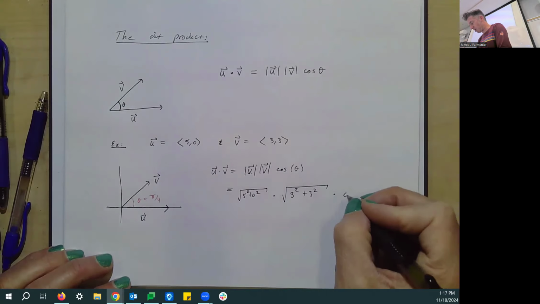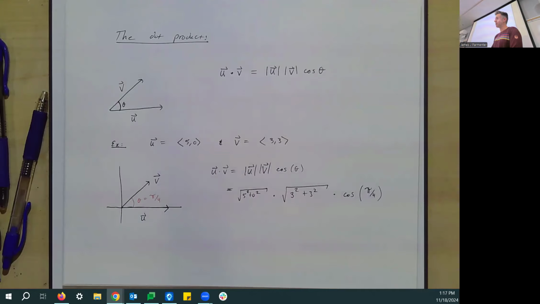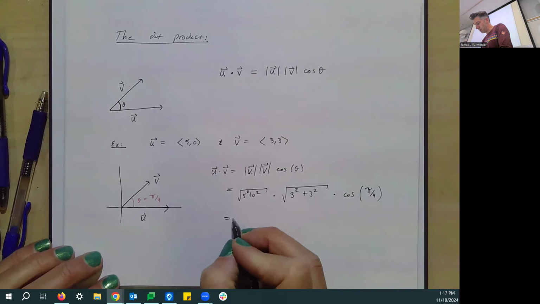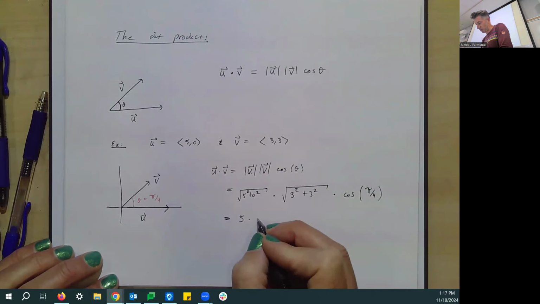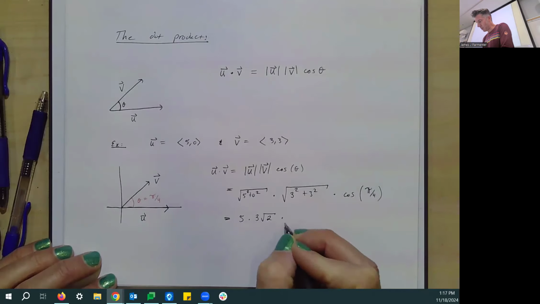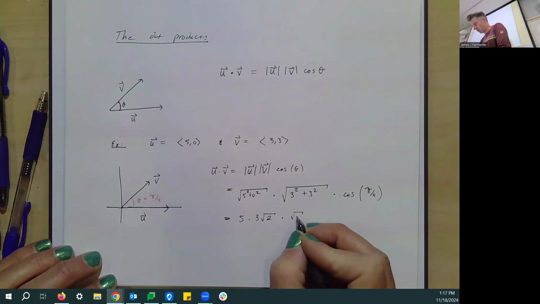And multiply by cosine of the angle between those two vectors. So we get the square root of 25, which is 5, the square root of 18, which you could write as 3 root 2, and cosine of pi/4, which is the square root of 2 divided by 2.